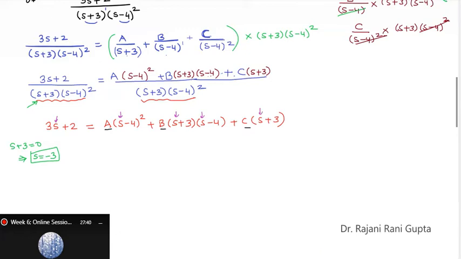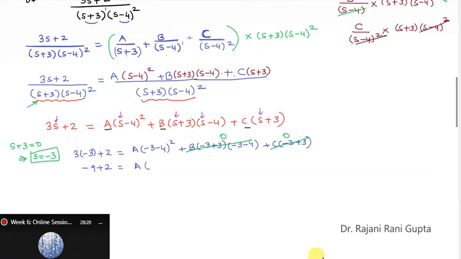This will give you 3 times minus 3 plus 2 is equal to A times (minus 3 minus 4) power 2, plus B times (minus 3 plus 3)(minus 3 minus 4), plus C times (minus 3 plus 3). So what we can see, minus 3 plus 3 becomes 0, so this total term cancels. Here again with minus 3 plus 3 becomes 0, the total term gets cancelled.